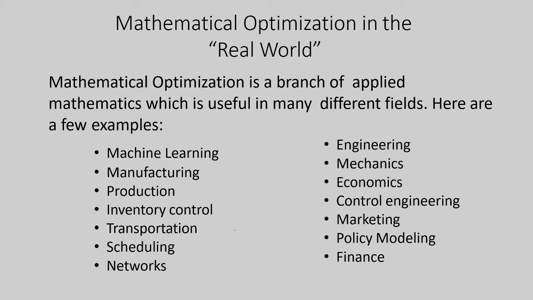Then engineering, all types of mechanical and civil engineering, and mechanics, and economics, where we want to take decisions, and control engineering, and marketing, where we find forecasting as well as strategy, and policy modeling, and finance. These are a few areas where optimization techniques play a major role.